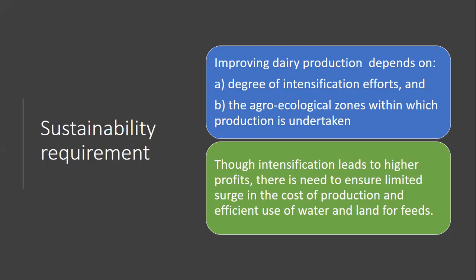However, there's a requirement for this to be sustainable. We see this in the SDGs, especially 6 and 13, where you need to meet increased production within limits, so that the natural resources are used efficiently and farmers are able to be economically empowered as they engage in the activities.